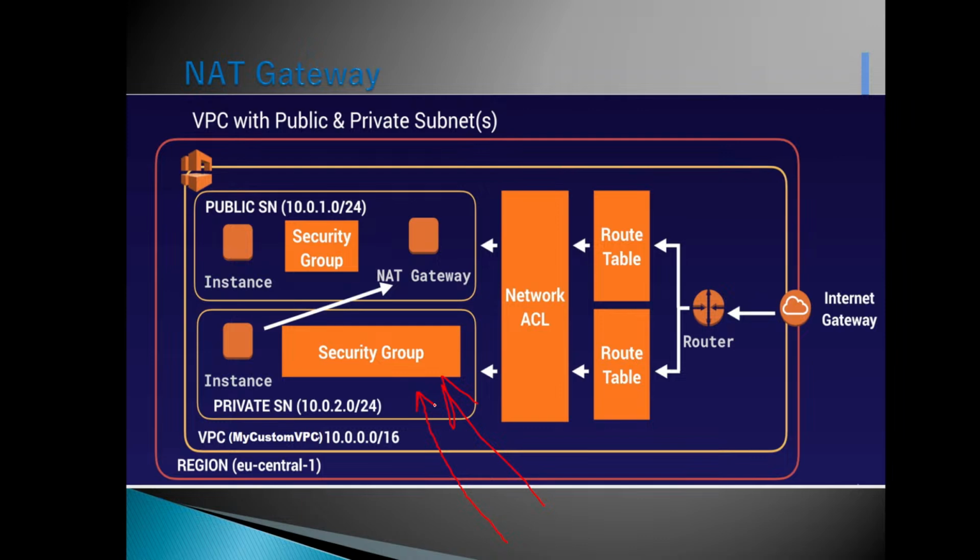Right? But I don't want my traffic to be coming in the network itself. If I want to block something, if I want to restrict the traffic on network level, not on machine level, security groups are used to restrict the traffic on machine level.